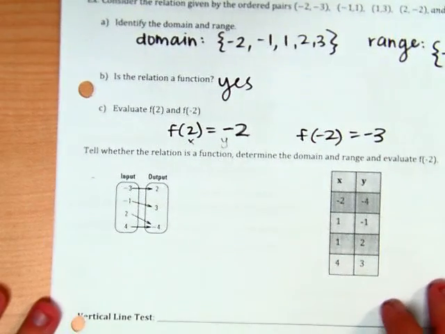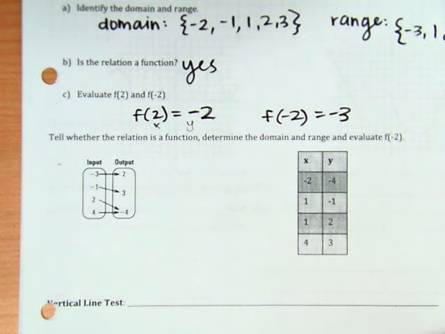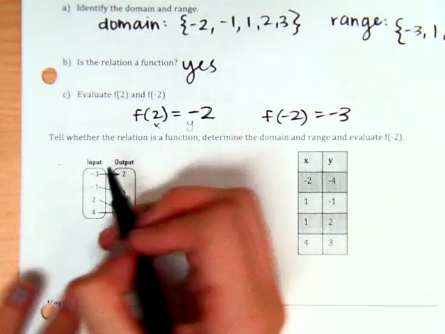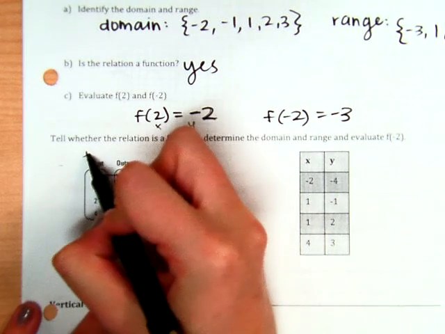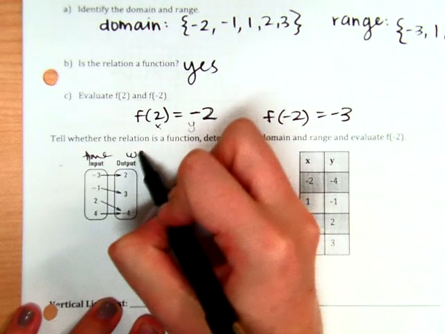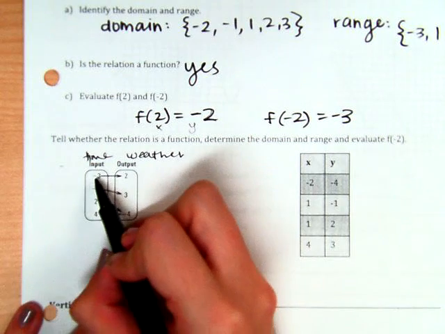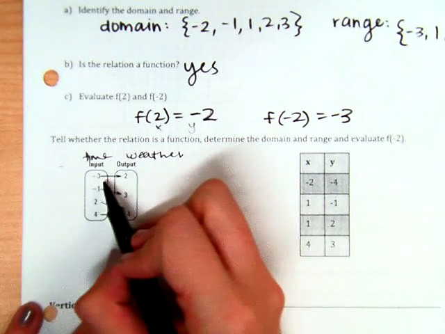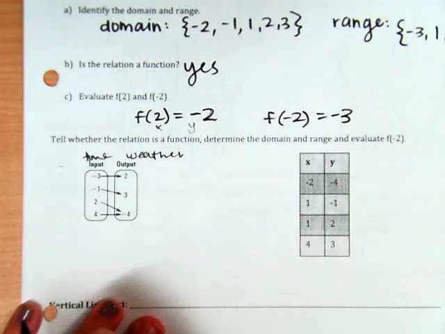Tell whether the relation is a function. Determine the domain and range. Okay, think about this as weather and time. So if this is my time, and this is my weather, let's say this is 3 a.m., can it be 2 degrees? At 1 a.m., can it be 3 degrees?